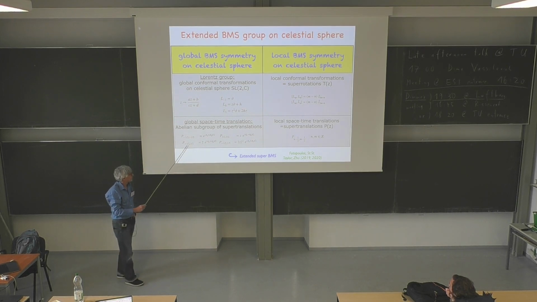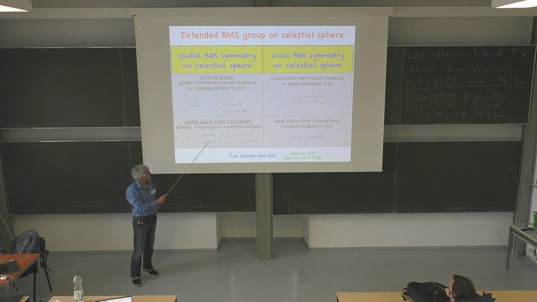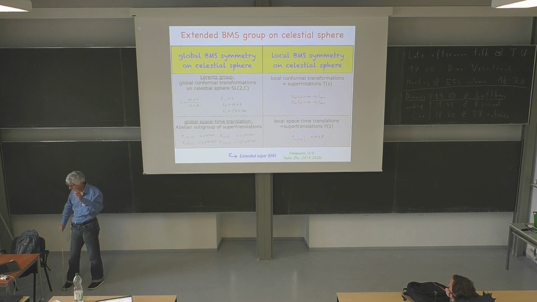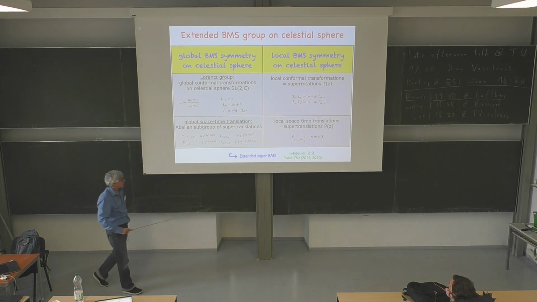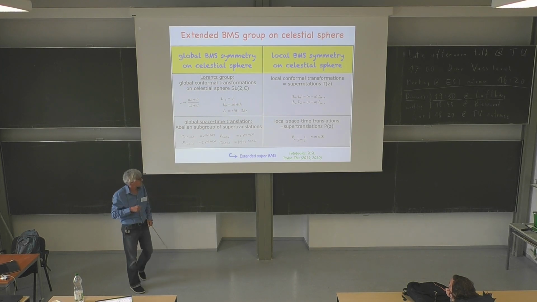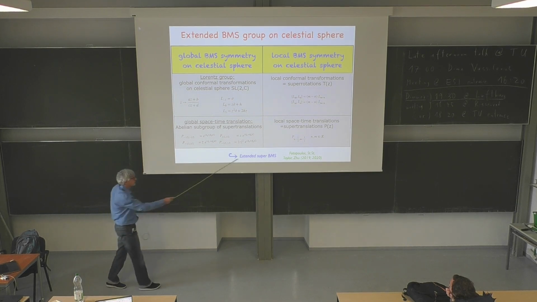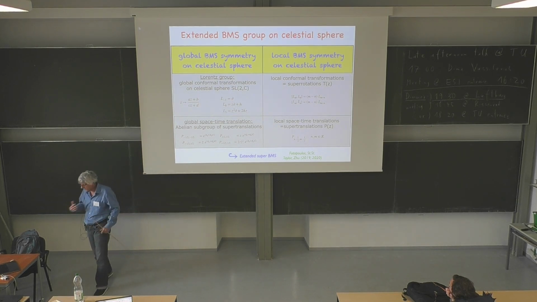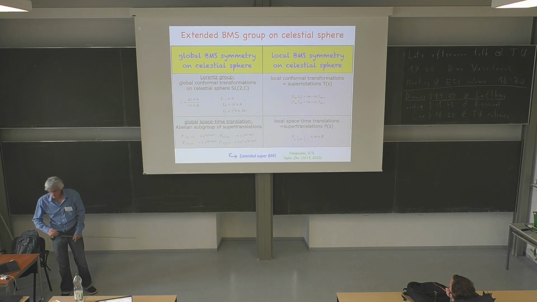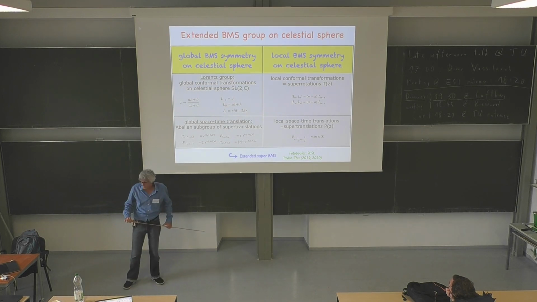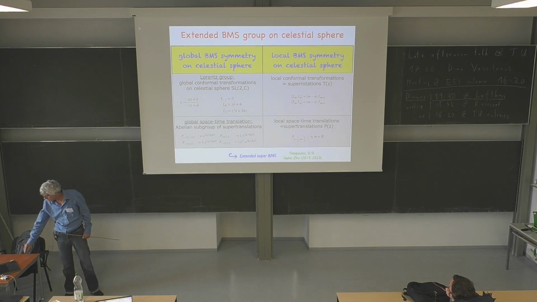And as I said already before, translation is a little bit peculiar on the celestial sphere, so it mixes the holomorphic and anti-holomorphic sectors of z and z bar. And you can also construct the algebra for extended super BMS symmetry, as we have done some years ago. And so there's a nice representation of these symmetries in terms of conformal primary operators of the underlying celestial conformal field theory.